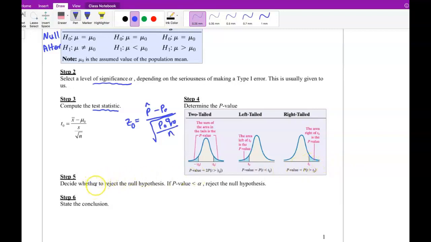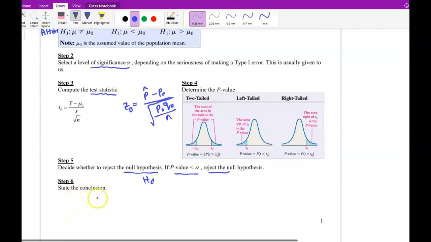Then step 5, we want to see if we should reject the null hypothesis, and that is when the p-value is less than alpha. This alpha is the significance level. If the p-value is less than alpha, that means we should reject the null hypothesis. Step 6, stating our conclusion.